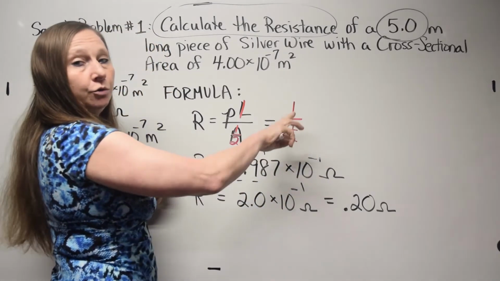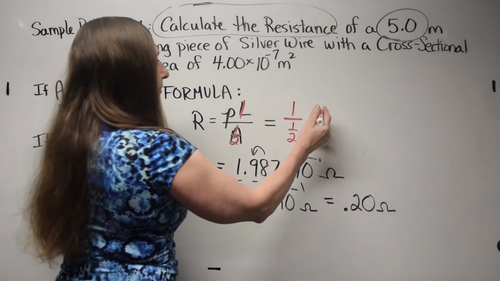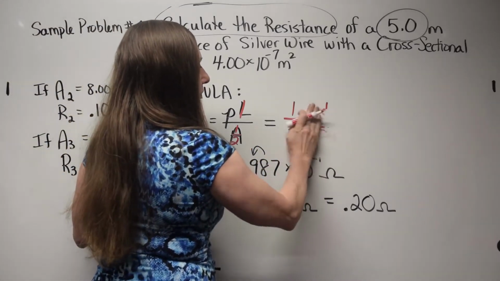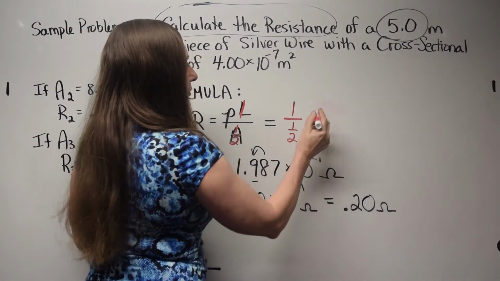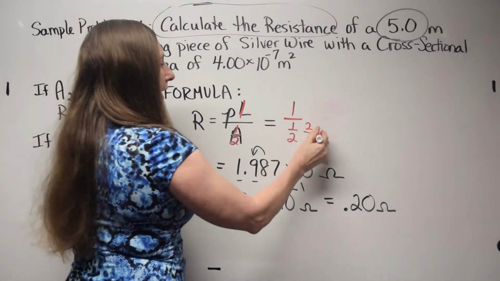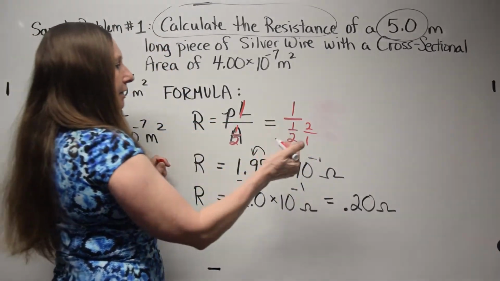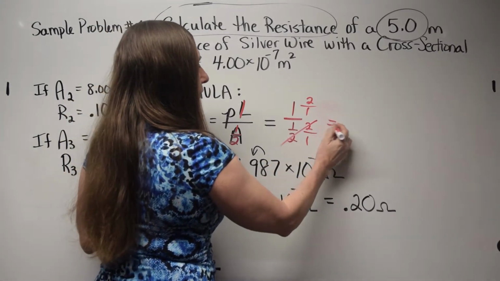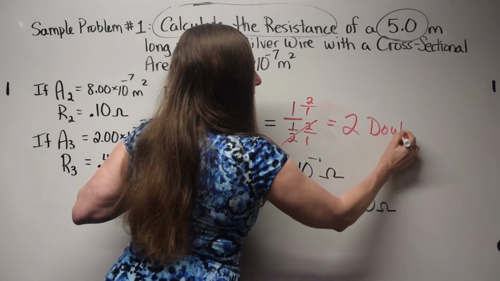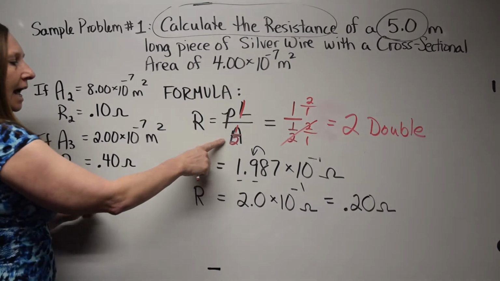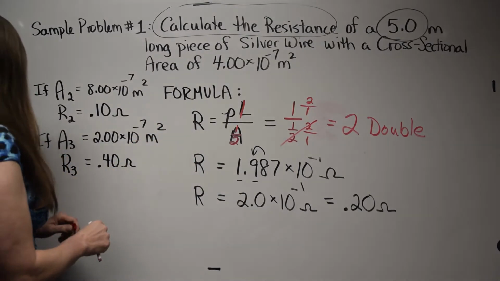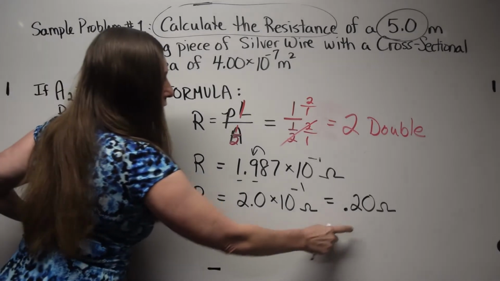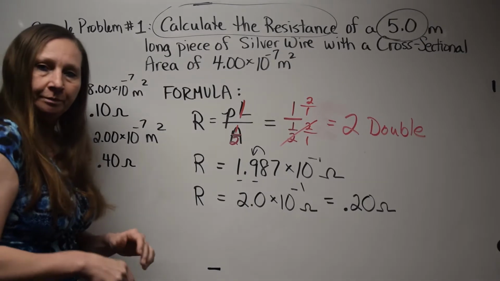You can plug into your calculator 1 divided by 0.5, or you could invert and multiply top and bottom, 2 over 1. That cancels, and on the top we get 2 times 1 equals double. Remember we said if you halve the area, the resistance would be doubled. So when you halve the area from 4 to 2, you doubled the resistance from 0.2 to 0.4 ohms.